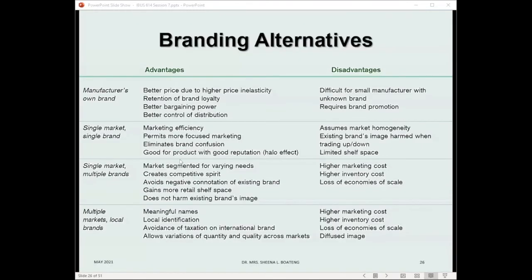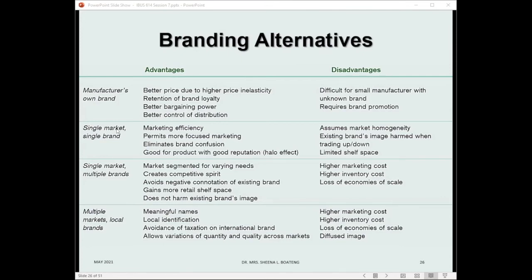And we see a lot of this happening around us, with firms applying different alternatives of branding, each having advantages and disadvantages depending on which one they choose and where they apply it. So you realize that a lot of manufacturers use their own brand, sometimes in every market. However, you will also see manufacturers using their own brand as a single brand in a single market, where you will not find that particular brand being sold in any other market. At the same time, you can have a company that decides to have multiple brands under its company name being sold to a single market.